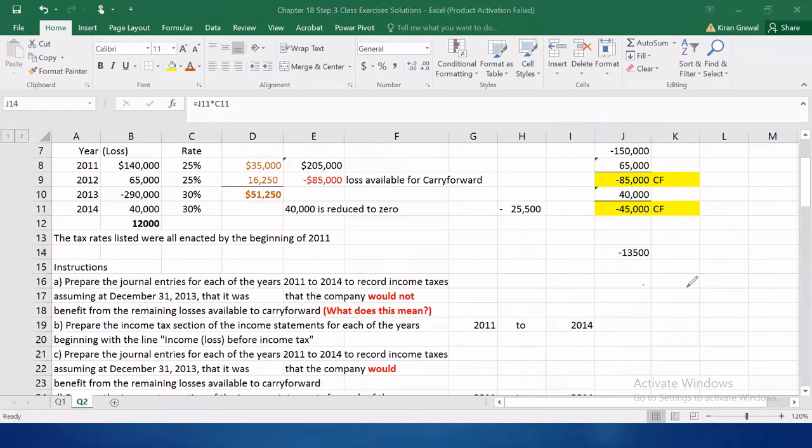If we do a quick little T account for the deferred tax asset account, we started off with a balance of $25,500. We need a balance at the end of $13,500. So what do we have to credit in order to get there? We have to credit $12,000.